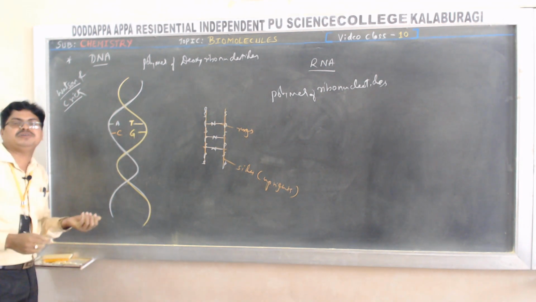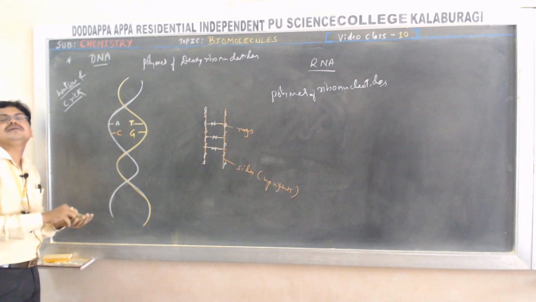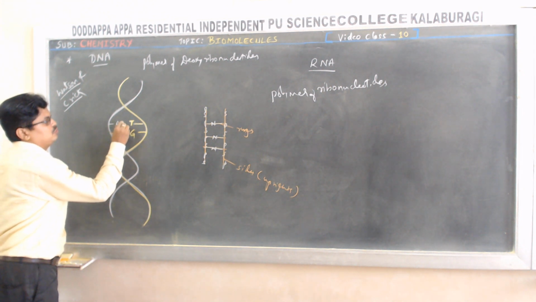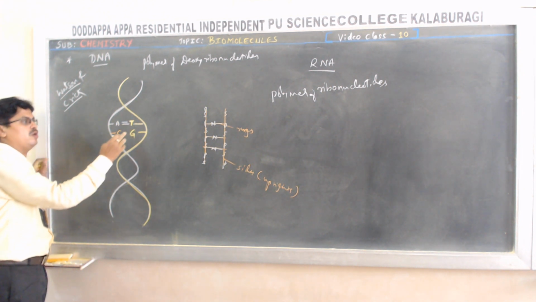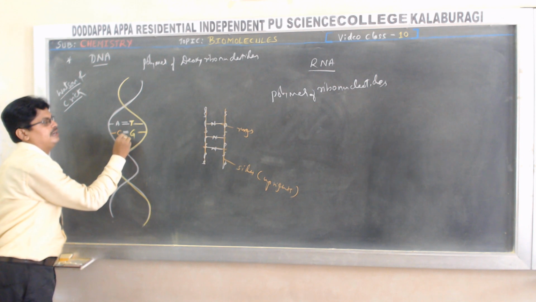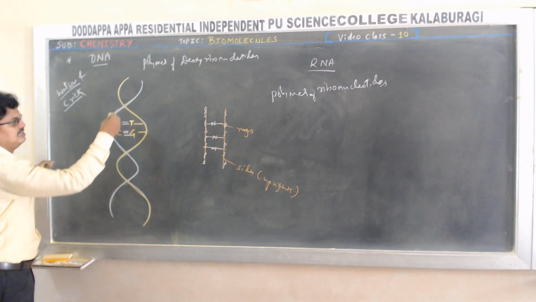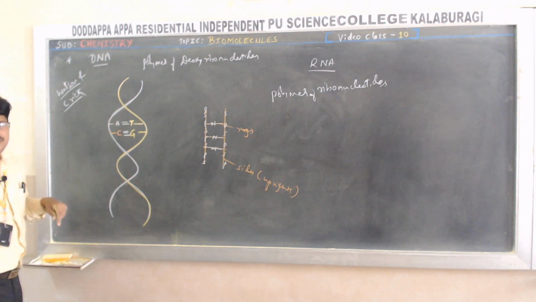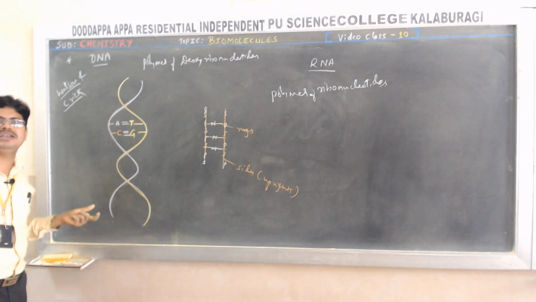These nitrogen bases are bound by hydrogen bonds. Adenine and thymine are bound by 2 hydrogen bonds, whereas guanine and cytosine are bound by 3 hydrogen bonds. So these steps are the rungs of DNA.